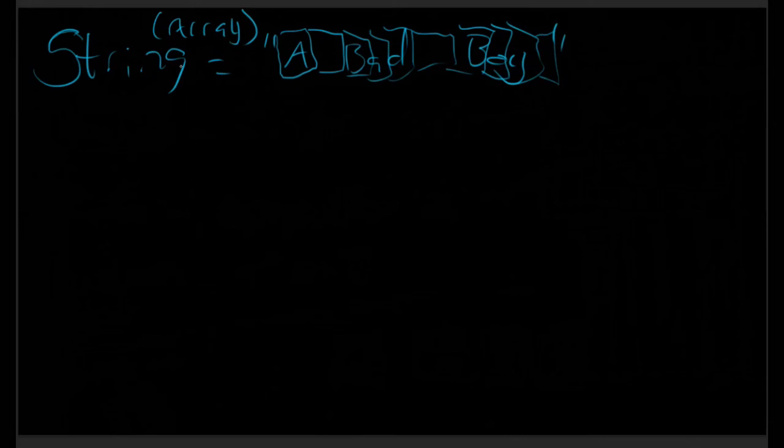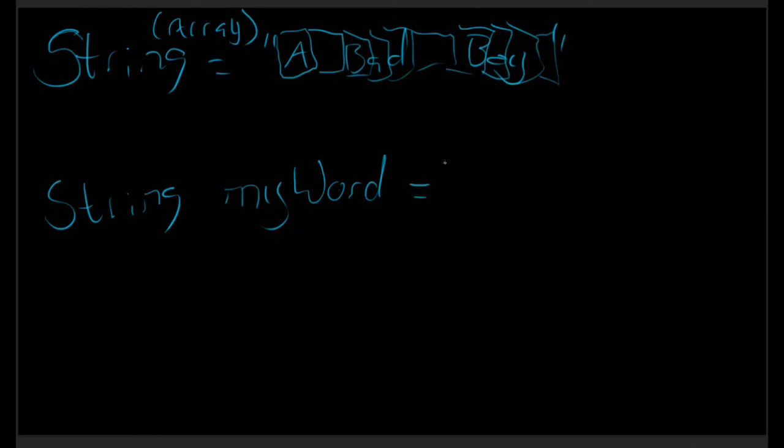So when we create this, the computer is going to create the array. Let's say we create a string and call it my sentence, and that sentence is whatever we have up there.